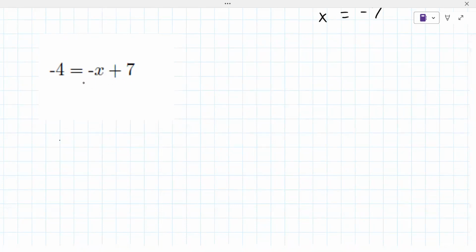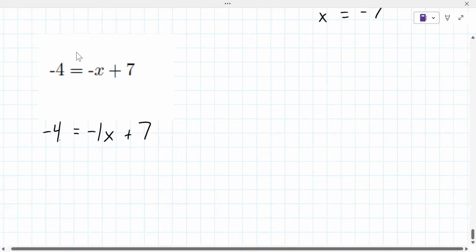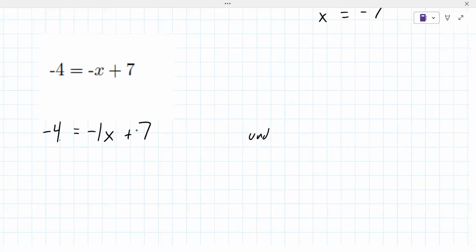One of the things you have to see here is that this is really -4 equals -1x plus 7. It's negative x, really -1, because when you undo addition and subtraction, this negative is multiplying the x, and the 7 is being added. So you undo the 7 by subtracting 7.